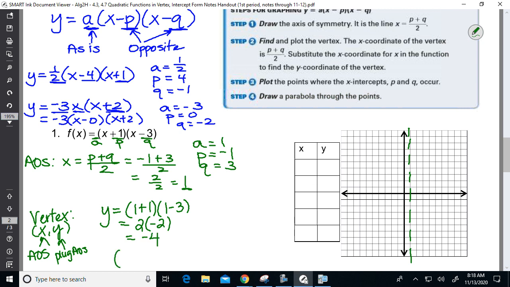So your vertex is (1, -4). And just as I emphasized yesterday, the axis of symmetry and the vertex should lie on top of each other.